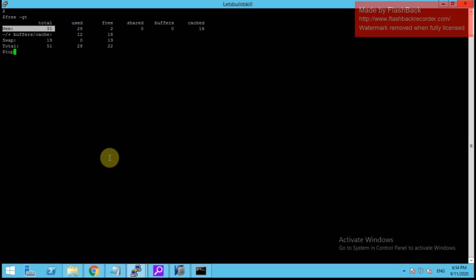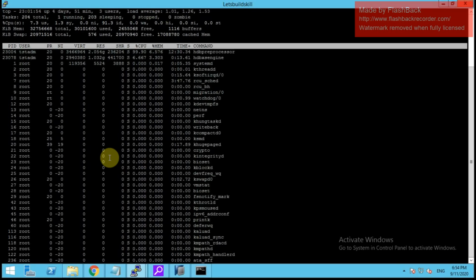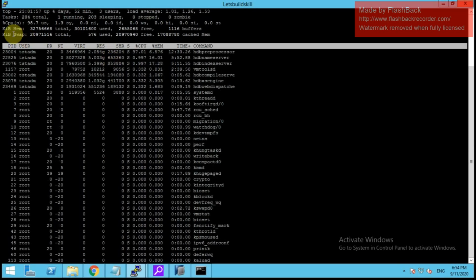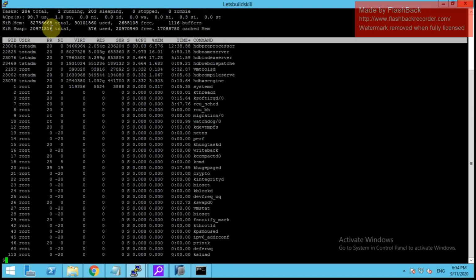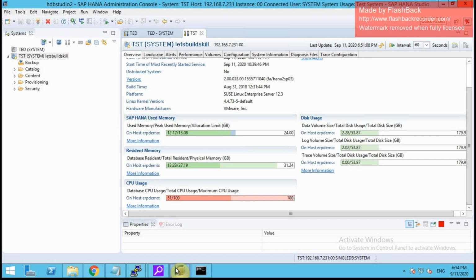We can also check it with the help of the top command. As you can check here, our hardware has 32 GB of RAM or memory. What you can see here is 31.24, approximately 32 GB, meaning the resident memory is nothing but the total amount of memory which is available on the hardware physically.